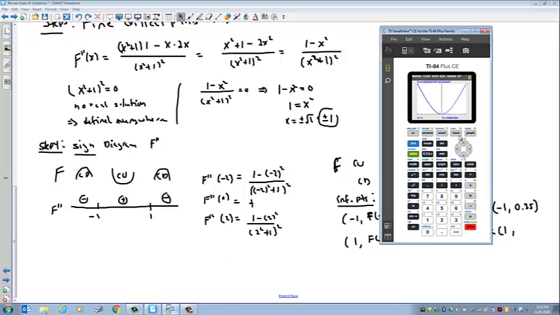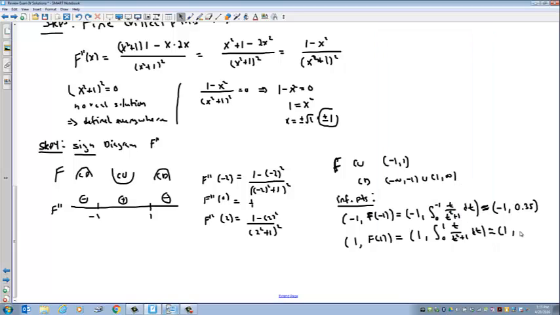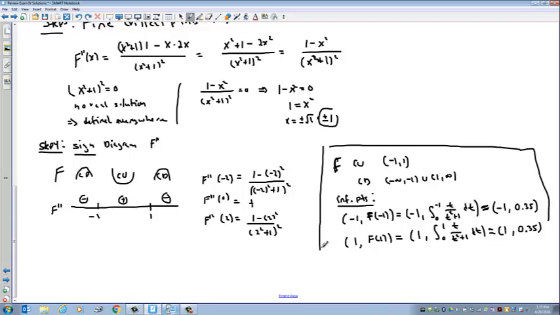Let's check it just for fun. So you hit trace, you hit 1, you hit enter, and you get out the same sort of answer, about 0.35. So here we'll put 0.35 in parentheses.